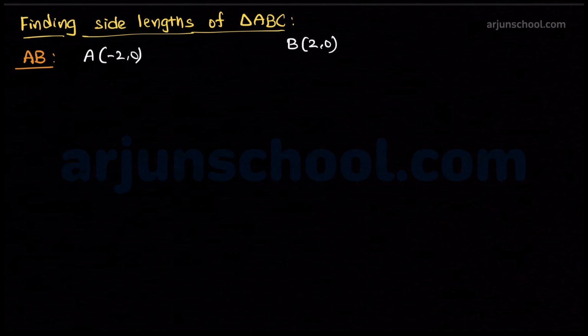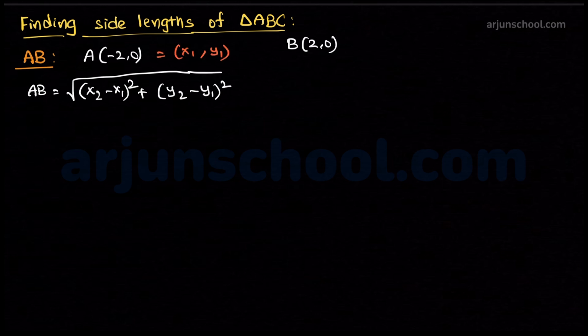First, let us find the lengths of the sides in triangle ABC. We are given points A, B, and C, and to find the length of AB, it is the distance between the two vertices, vertex A and vertex B. AB is equal to root over (x2 minus x1) whole square plus (y2 minus y1) whole square, where vertex A is the point (x1, y1) and vertex B is the point (x2, y2).